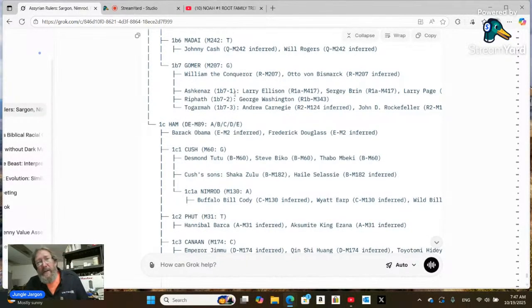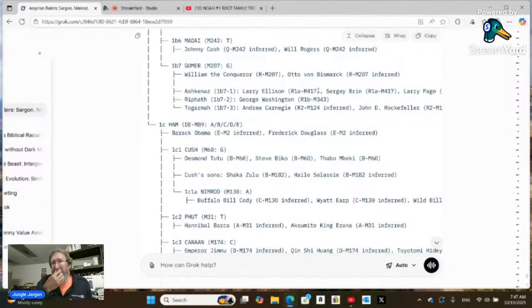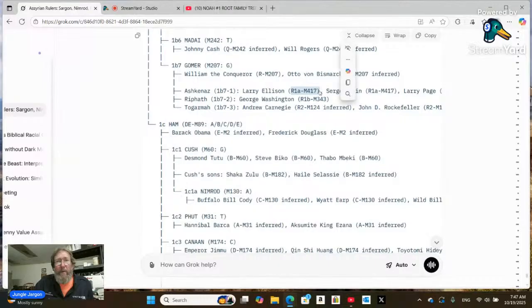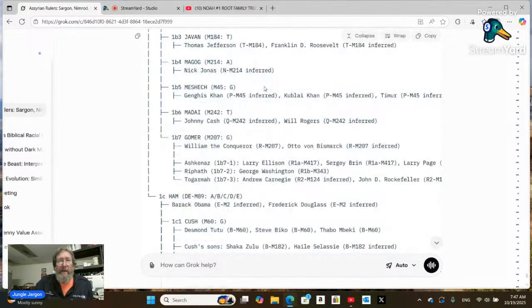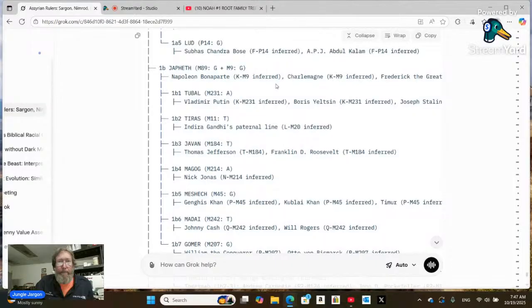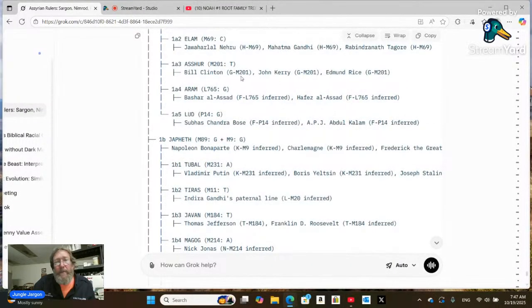Ashkenaz. Who's descended from Ashkenaz? Larry Ellison, R1A, M247. Now, I don't really know who Larry Ellison is, but let's just suppose that Larry Ellison is Jewish. It's possible to be Jewish and to have a Eurasian haplogroup, or you could also have the Assyrian haplogroup. So you can be Jewish and have the Assyrian haplogroup. You can be Assyrian and have the T haplogroup.